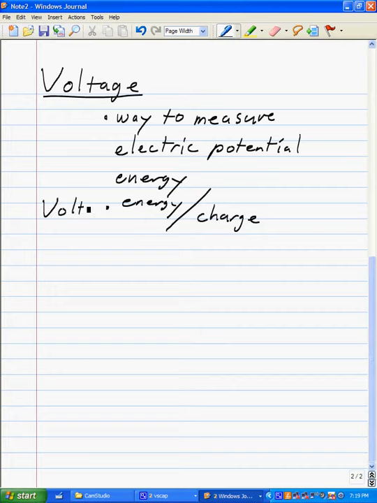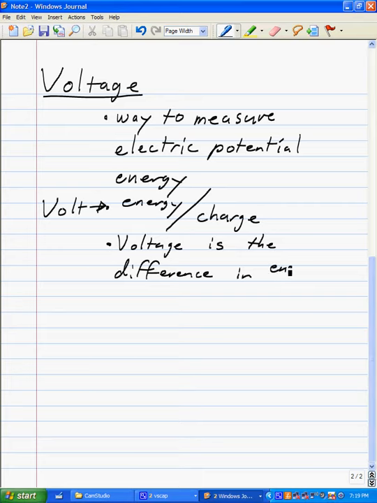Voltage is different because voltage is the difference in the energy per charge between two spots in a circuit.